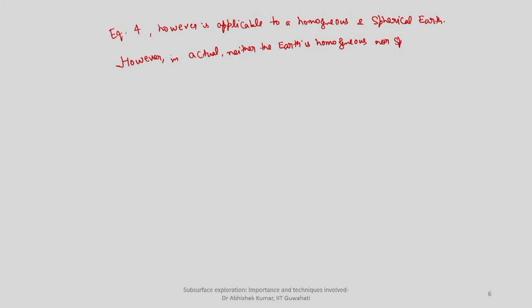It is not homogeneous, you can get an idea by considering the density of soil at the surface and the mass density of the core medium. You can see significant difference in the material characteristics even at the mantle, even the bedrock medium. Within the soil medium also you will not have the same kind of soil everywhere. So, it is not homogeneous, and spherical it is not.